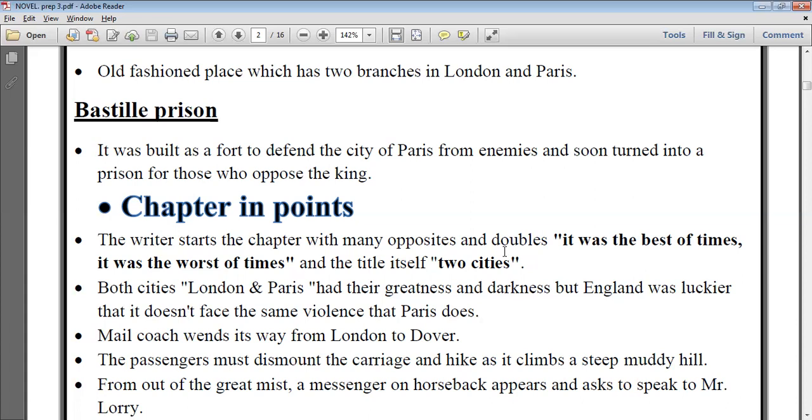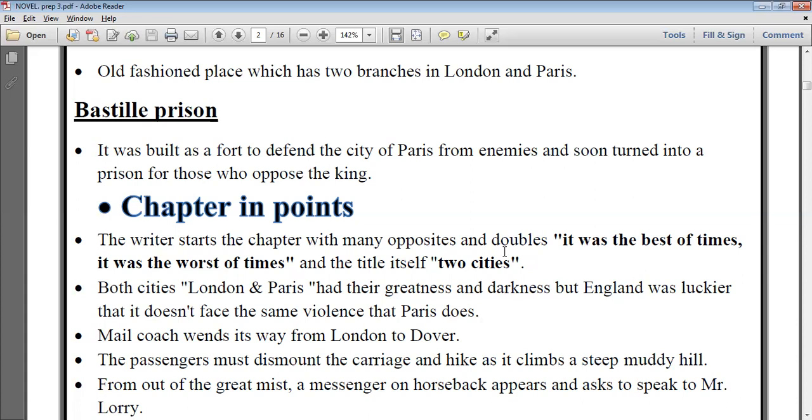At the beginning, on the first page, if you open the page right now, page 5, I think, you're going to find that the writer starts the chapter with many opposites and doubles. It was the best of times and it was the worst of times. And the title itself is Two Cities.